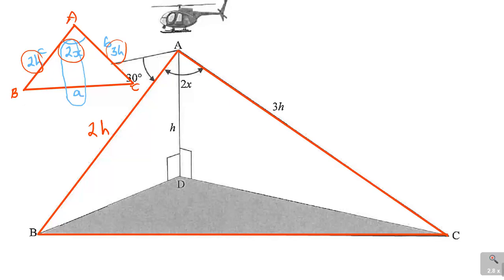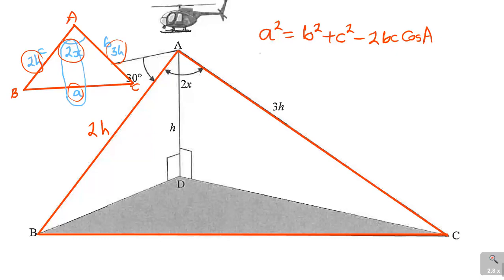So whenever you're given that and you want the other side, cosine rule will always work. The cosine rule says a squared is equal to b squared plus c squared minus 2bc cos A.